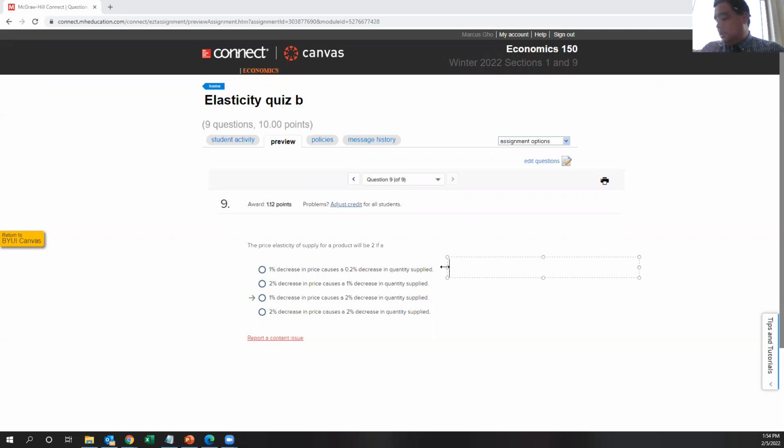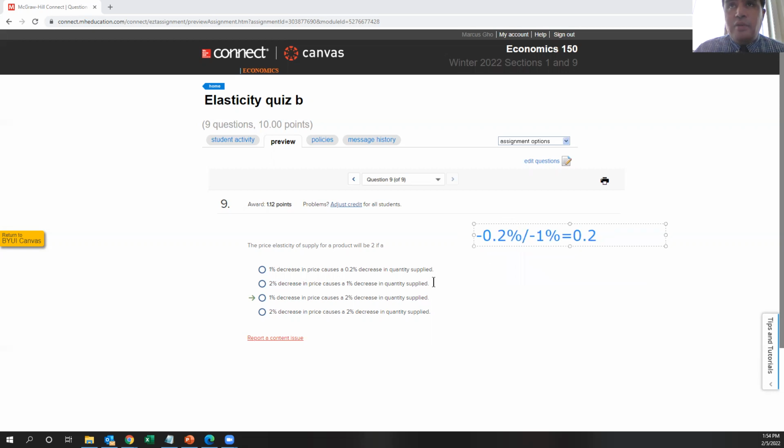With the first one, we have a decrease in quantity, negative 0.2, divided by positive 1%. Let's do percent, if you want to be a little more accurate. And that gives us an elasticity of 0.2. That's for the first one.